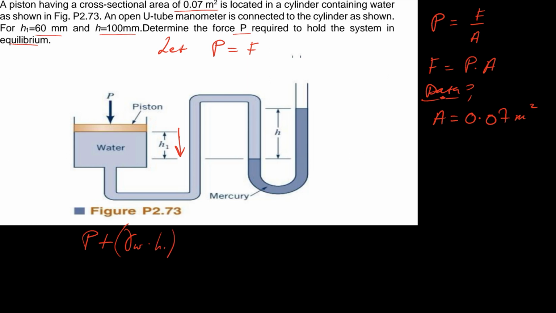And since we have this datum line, this helps us to understand that this entire portion here at the bottom is negligible. Including this portion here, it's also negligible, as well as this portion here. Because we know that this entire cylinder and the piping system here all contains water, so we're talking about the same pressure.